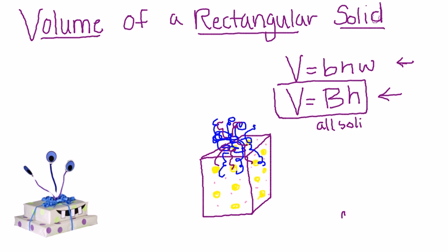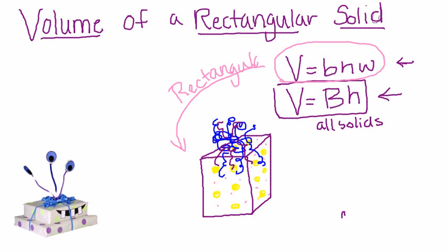This includes your cylinders and your spheres and all that good stuff. Whereas this one right here that I'm circling in pink can only be used for this type of figure, which is a rectangular solid. So you can only use that formula once. It doesn't work on any other. So I'm going to refer to the one in purple because for me that's the easiest.